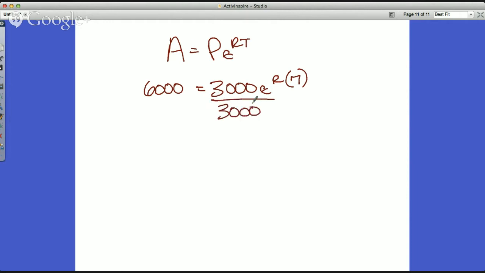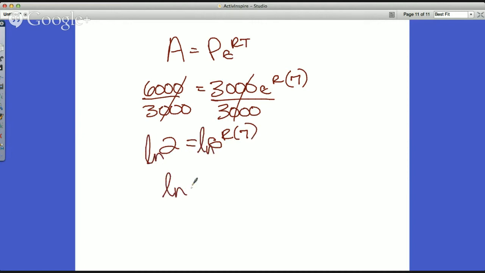Yep, you're right, Chris. And what do we get on the left side? 2. So 2 equals e to the r times 7. Ln it. Yep, ln, little kryptonite action. So we got ln of 2 equals 7r. And if we want to find the rate, we divide by 7. So ln of 2 divided by 7 will get me the rate.